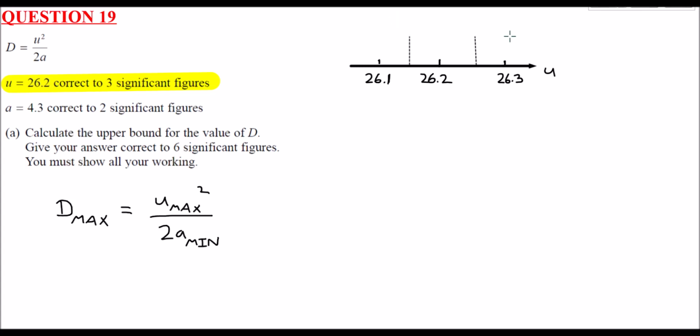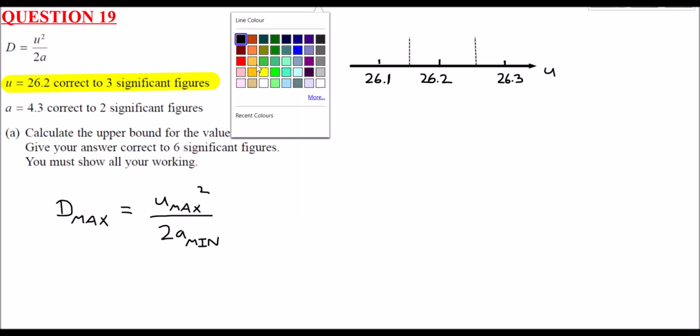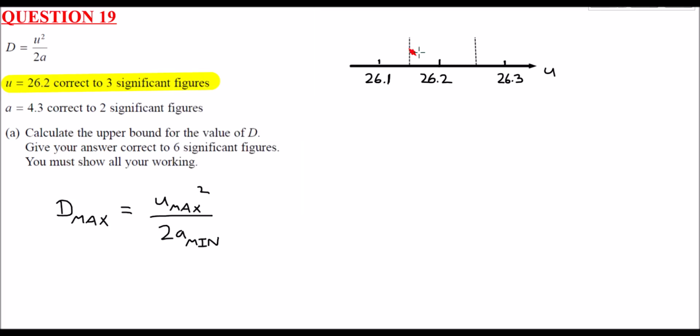So let's just consider what these values would be. Essentially what we're saying here is that u has to be within this range. If it's over here, it would have been 26.1 to 3 significant figures. If it's over here, it would have rounded to 26.3 to 3 significant figures.